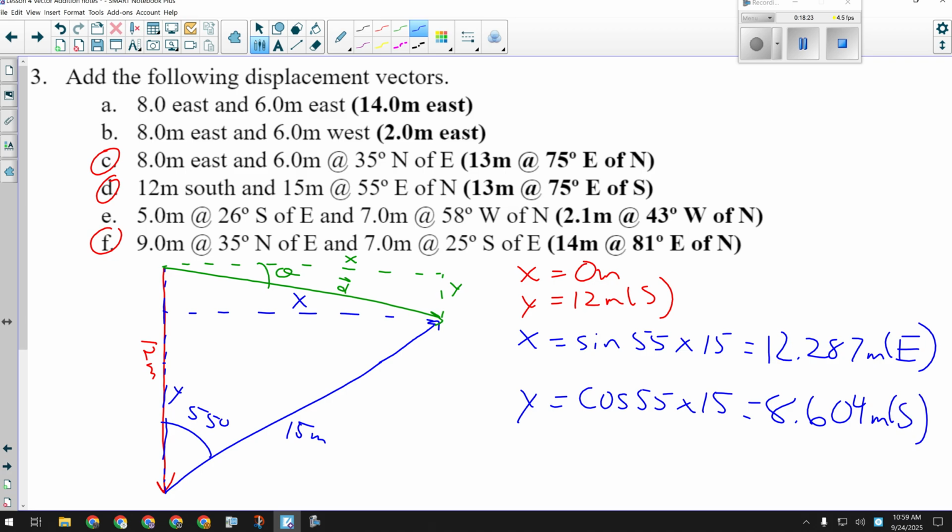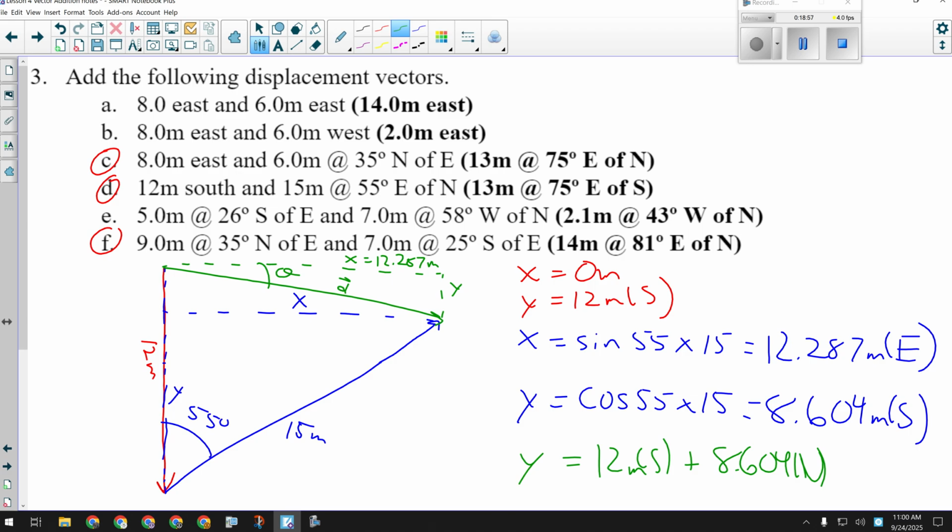Okay, so if I'm finding my resultant, the green triangle, I already know what green X is because it only goes east 12.287. I don't have to do any figuring for that one, but I do have to do the figuring for green Y, right? So green Y is going to be the 12 meters south, which I'm going to say is negative, plus the 8.604 that we're north.